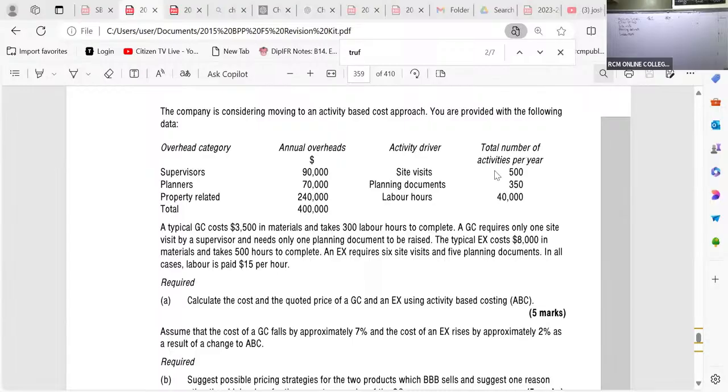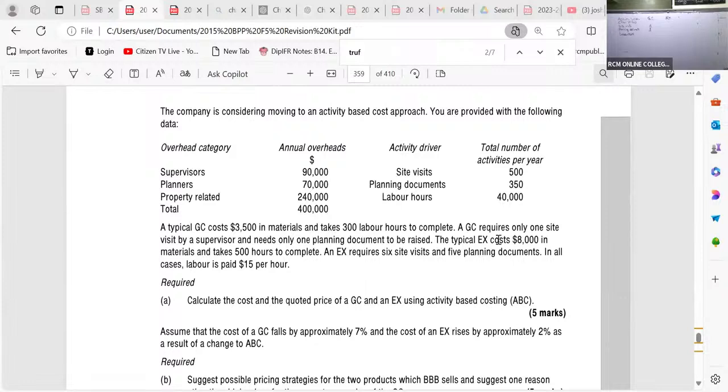Site visits total are 500, no problem. But down here, they've split this. They're telling me a GC requires only 1 site visit by a supervisor, and it is only 1 planning document.